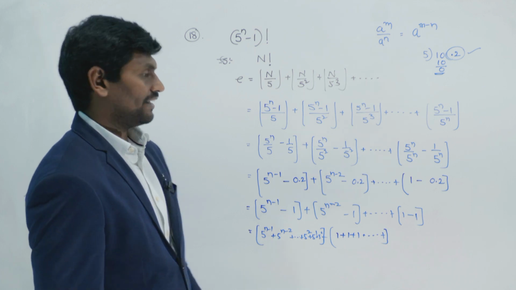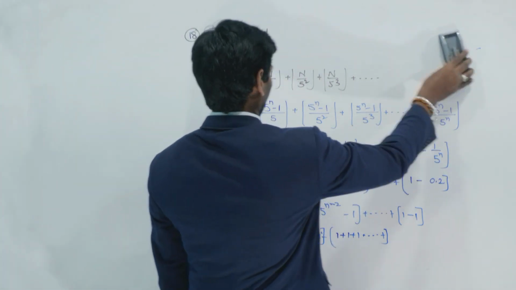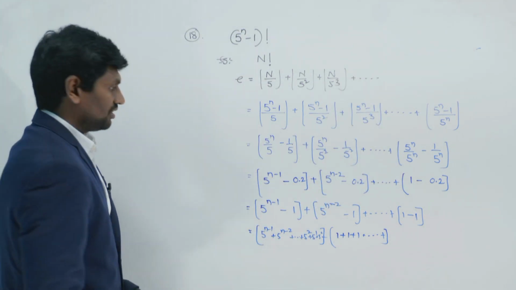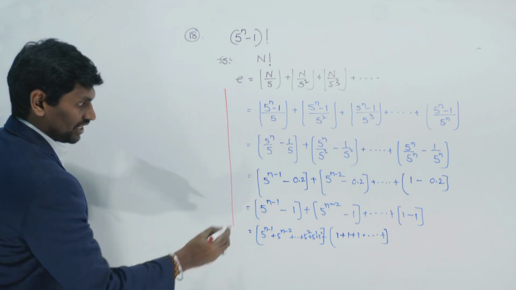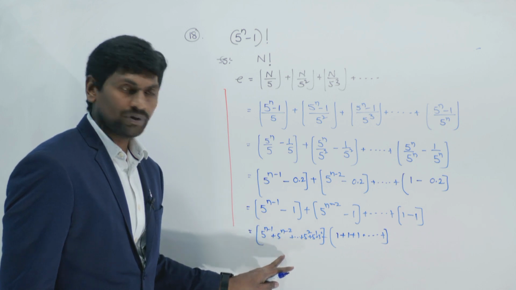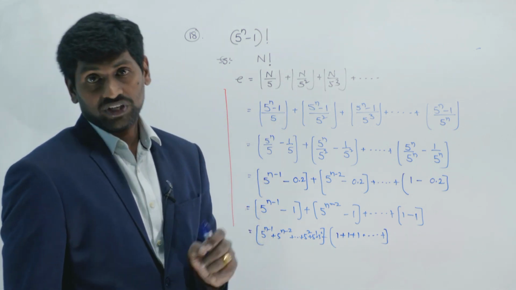Let me continue the sum here. While observing 5 power 0, 5 power 1, 5 square, 5 cube, 5 power 4 up to 5 power n minus 1, it is in the form of a geometric progression.